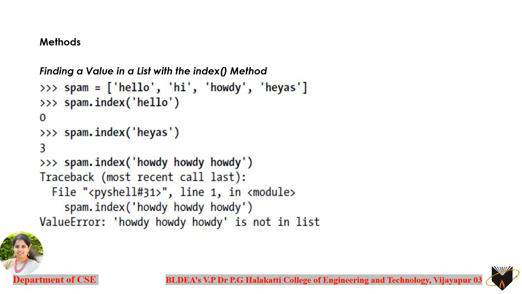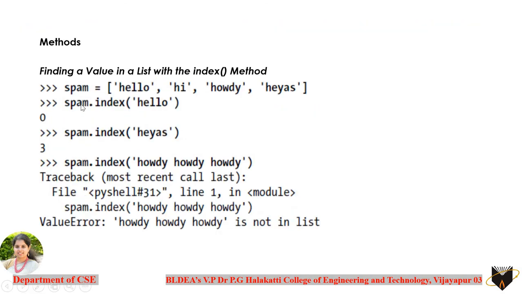Now, coming to the next concept, we shall discuss some of the methods you can use with the list, meaning the built-in methods. First, finding a value in a list with the index method. Whenever you want to identify a particular element from the list, you can use different methods, and one of them is the index method.